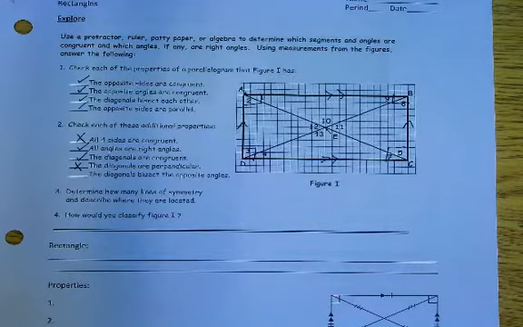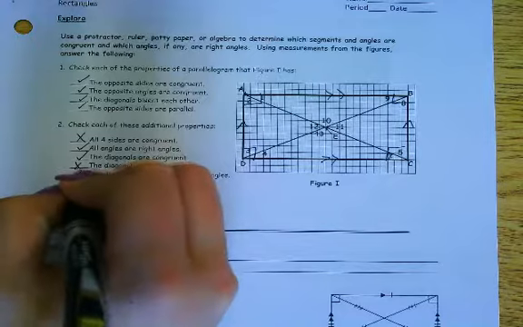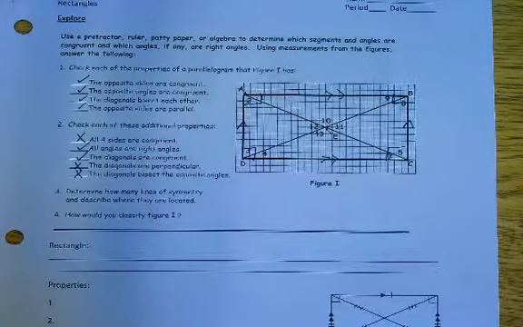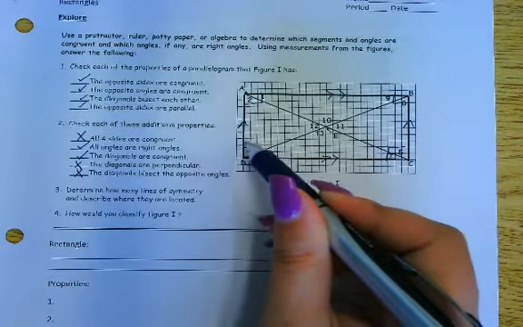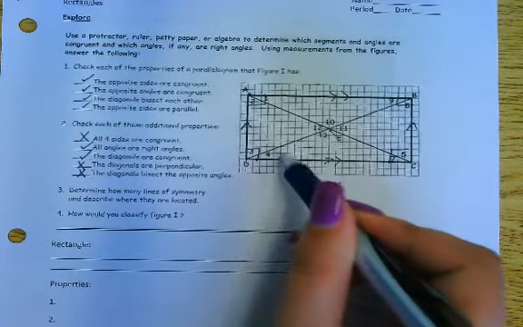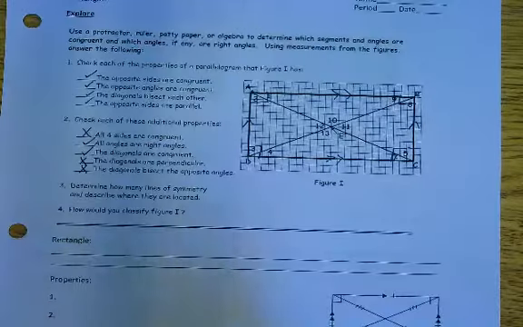Using your protractor, what do you find? They are not. The opposite angles are not bisected for rectangles. I think this one is like 60 something or 70 something, and this one's only like 20 something.